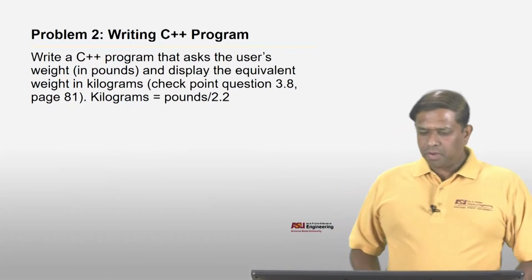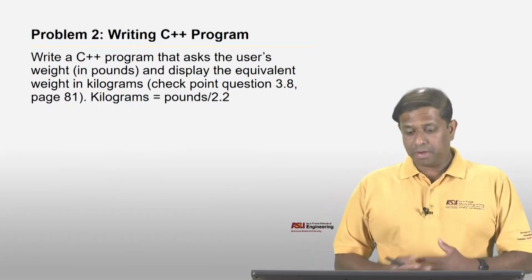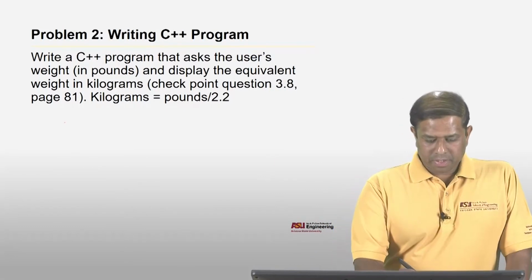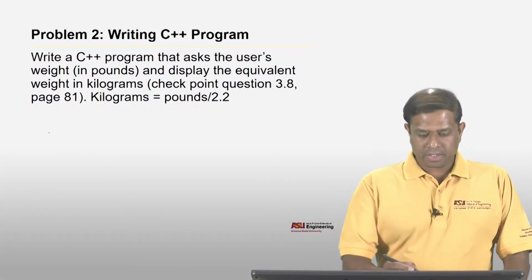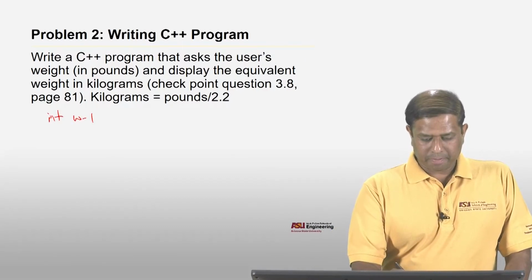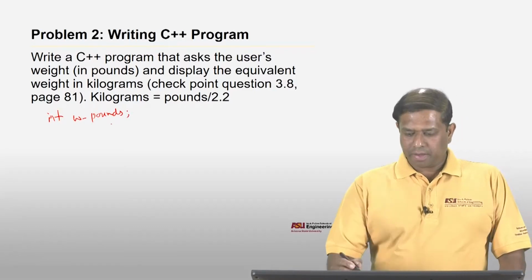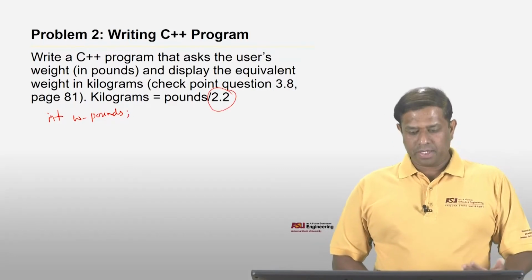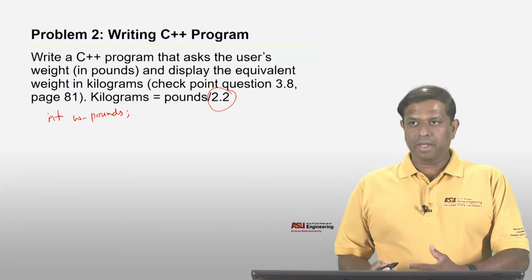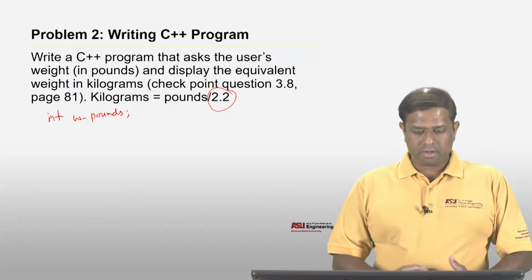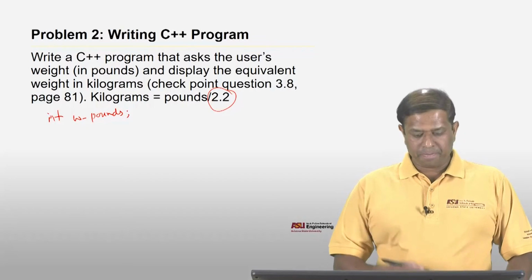Now, when you are writing the program, we need to think about the data types associated with this program. Suppose we are going to read weight in pounds as integers, so we can define an integer variable called weight in pounds. Right? And the other thing we have here is that in the equation we are using a constant 2.2. Since it's a constant, rather than putting it in the statement directly, we can define that as a constant and use the constant in the equation, right?